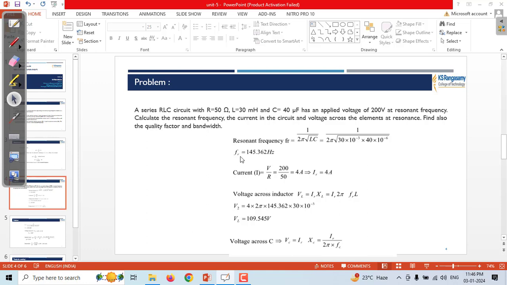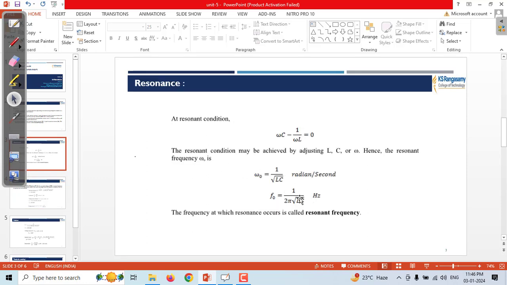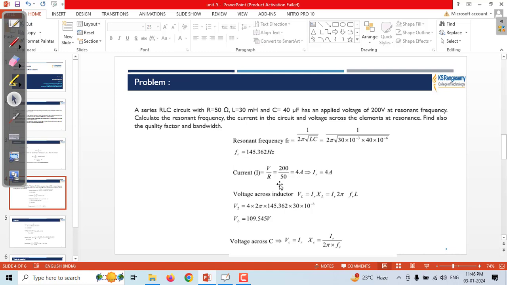For the resonant frequency, we already know the formula: 1 by 2 pi root of LC. Substituting the L value, 30 into 10 power minus 3, and the C value, 40 into 10 power minus 6, we get about 145 hertz.